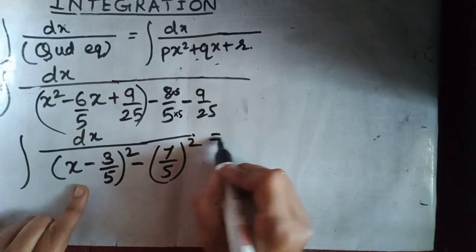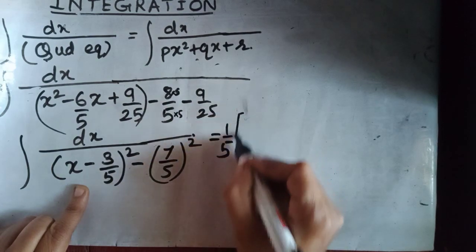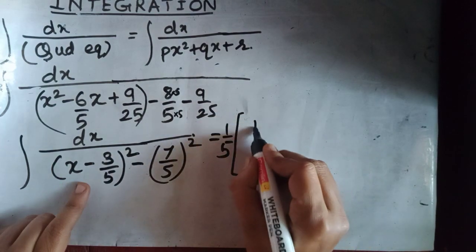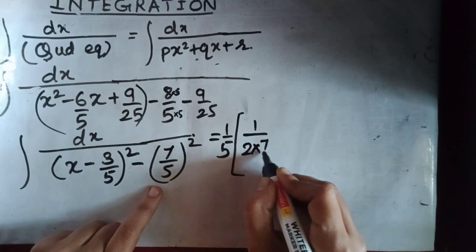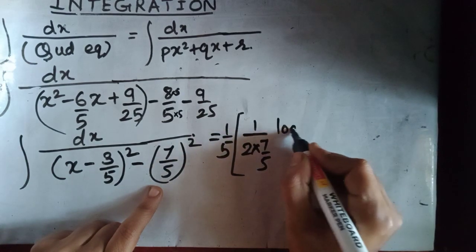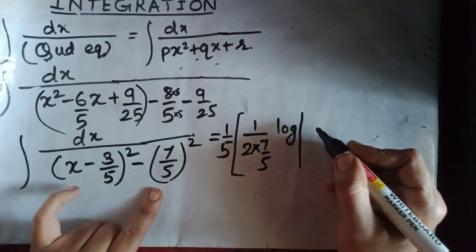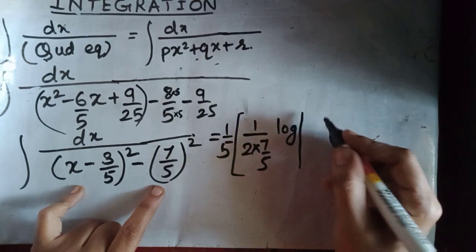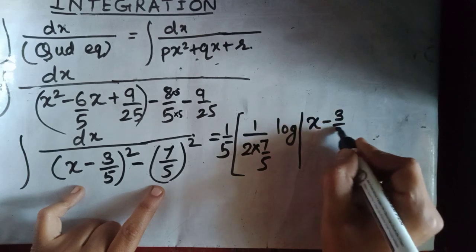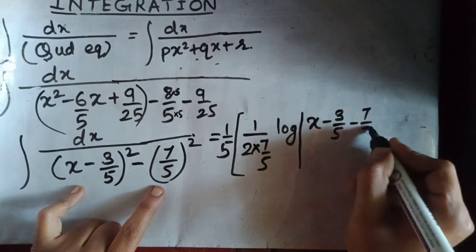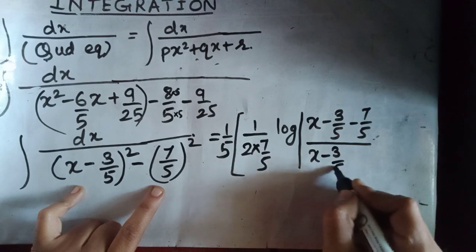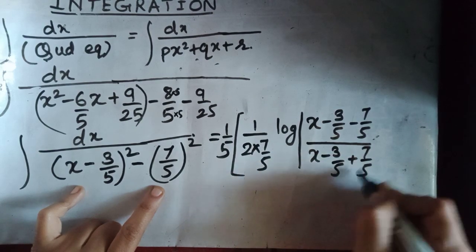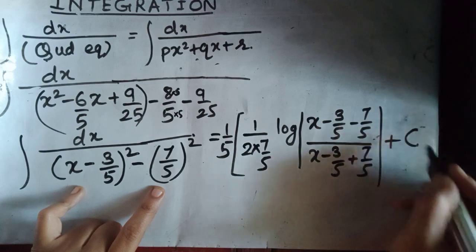So apply that result. 1 by 5 is outside. 1 upon 2a, where a is your 7 by 5, log of x minus a upon x plus a. So x minus 3 by 5 minus 7 by 5 upon x minus 3 by 5 plus 7 by 5 plus c.